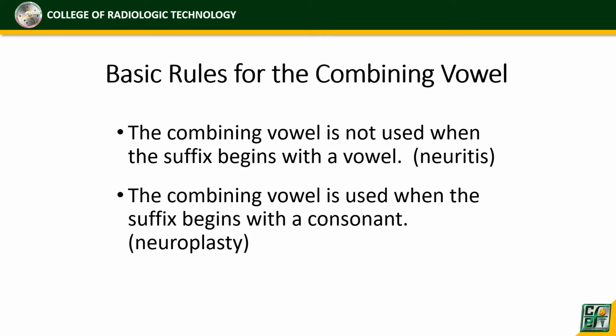The example given is neuroplasty, which is the surgical repair of the nerve. We have the combining root word neuro, pertaining to the nerve, and we have plasty, which means reconstruction or surgical repair, giving us the word neuroplasty, which means surgical repair of the nerve.